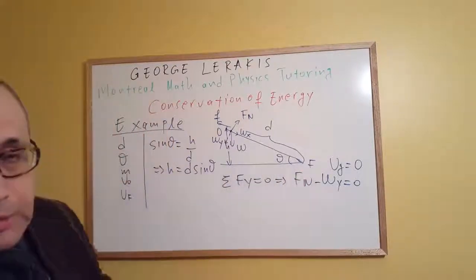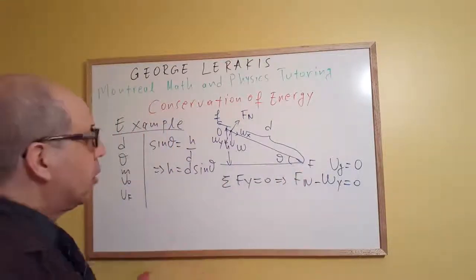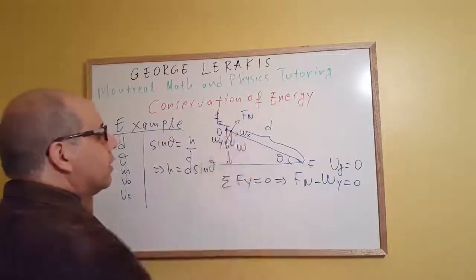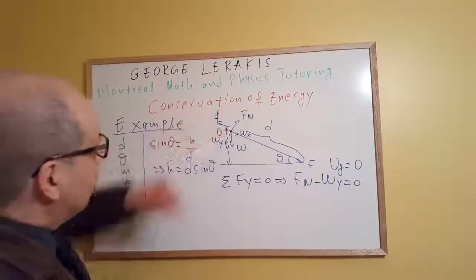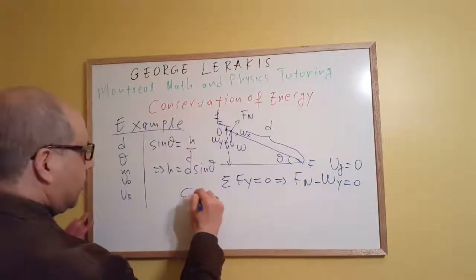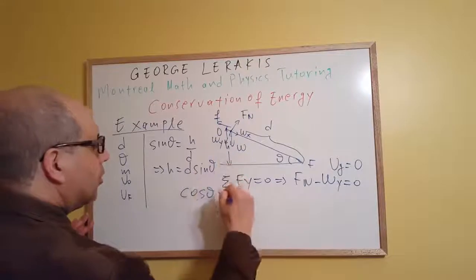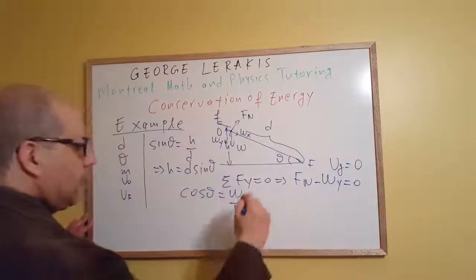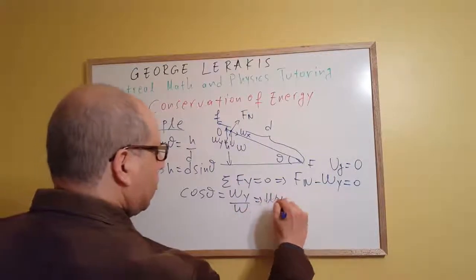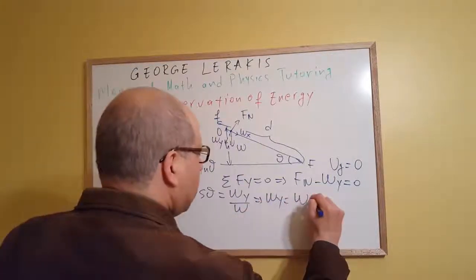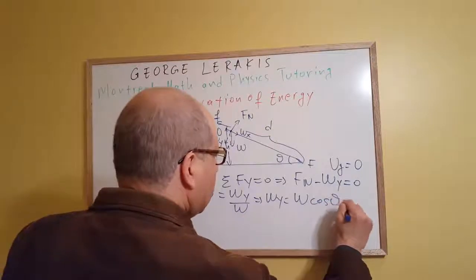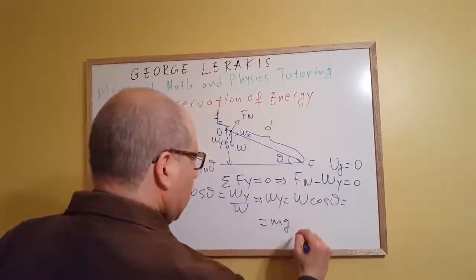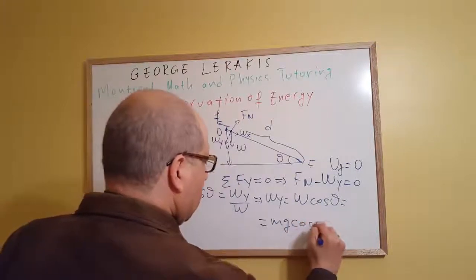When two angles have their sides perpendicular, they are equal, so this angle here is also theta. We're looking to find Wy, so we take the cos of theta. So cos of theta is equal to Wy over W, and from that Wy is equal to W cos theta, which is equal to mg cos theta.